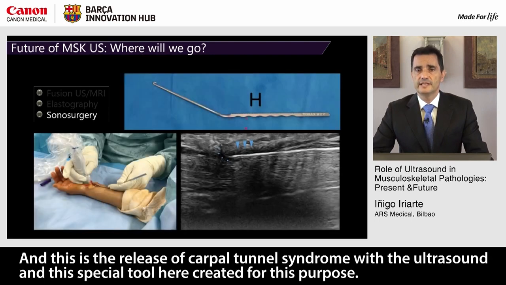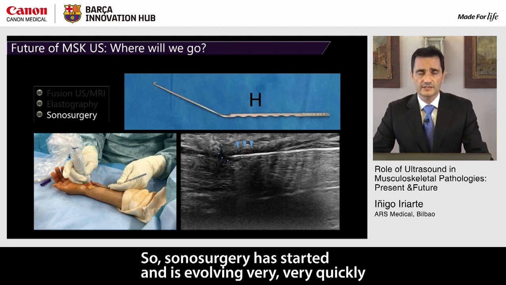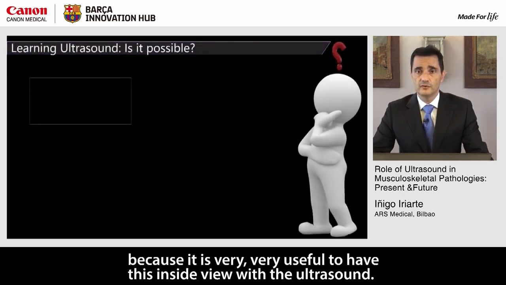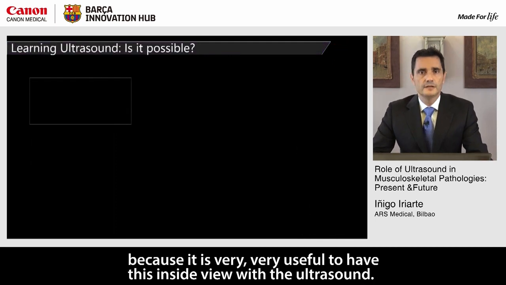And this is the release of the carpal tunnel syndrome with the ultrasound and this special tool created for this purpose. So sonosurgery has started and is evolving very quickly because it's very useful to have this inside view with the ultrasound.